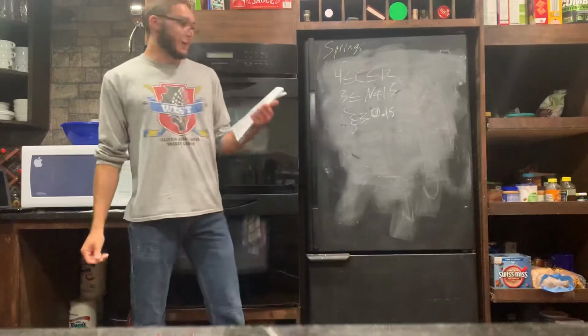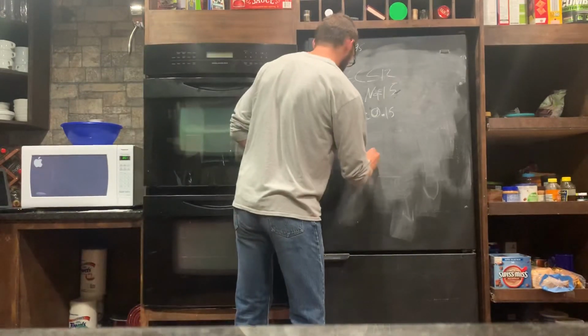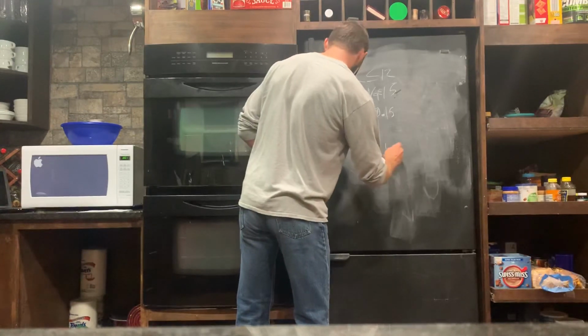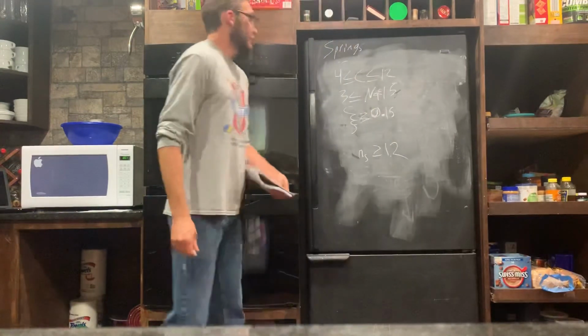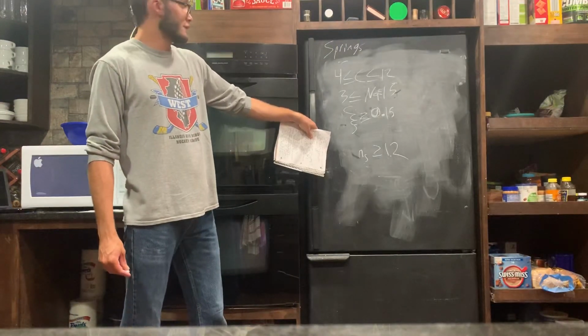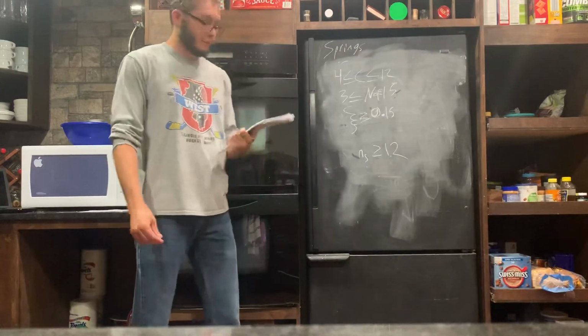We're going to be working over that. And then you're going to have an NS which is greater than or equal to 1.2. So these are some typical values you're going to want when designing your spring. You want them in between these greater than and less than bounds.